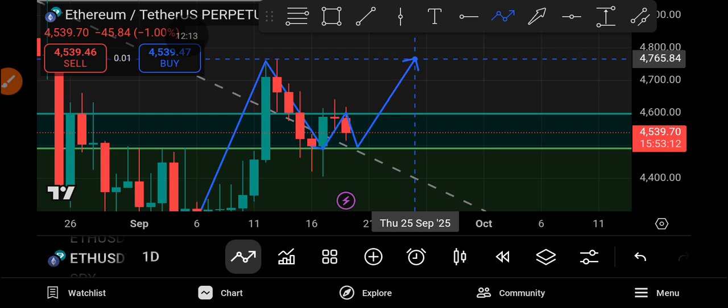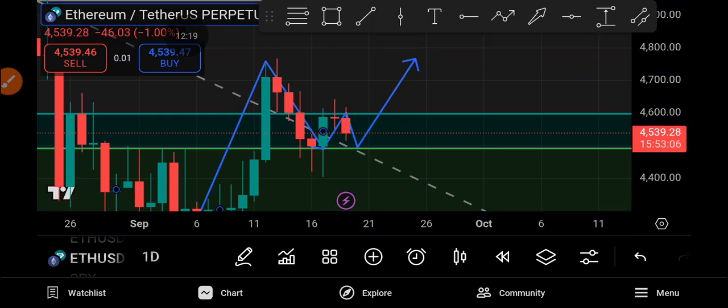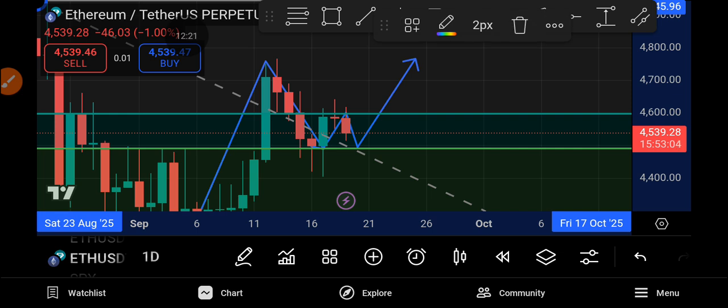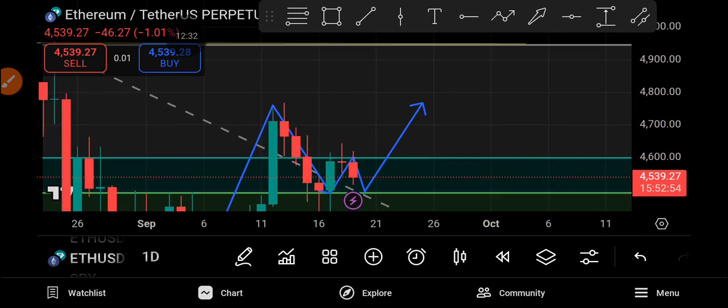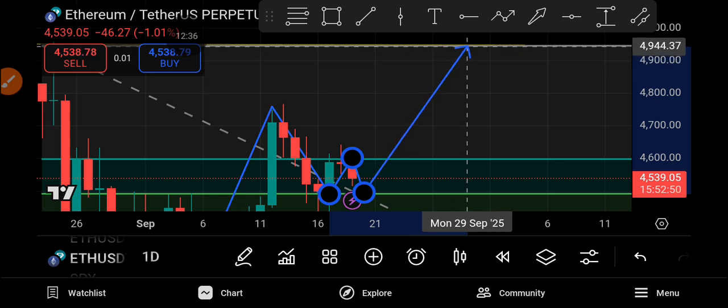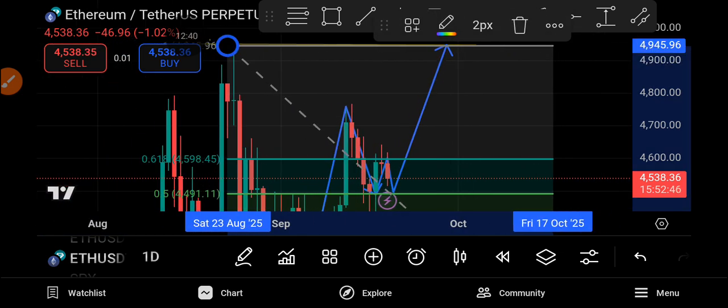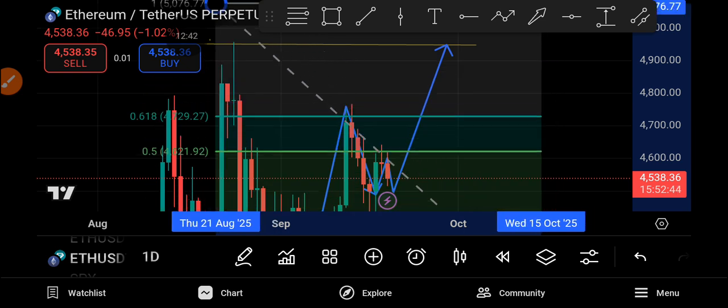Remember, this is a daily time frame. Okay, this is a daily time frame. It has spent days, 1, 2, 3 days so far trying to break through that line, but it's not breaking. Okay, so it will have to struggle to break through that line, and after breaking it, it will go for the next line, which is up there, the 100% line, and it will break through.